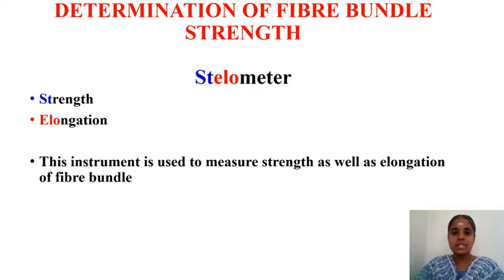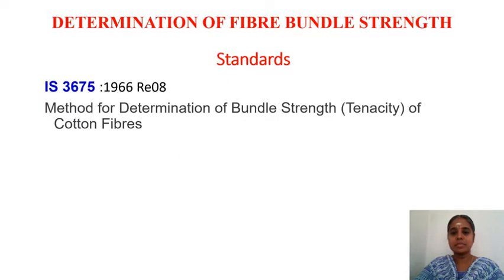So the instrument is named Stelometer, strength elongation meter. We need not forget it, it is simple. Strength and elongation testing of bundle fiber is done using Stelometer, so you can measure strength as well as elongation using this instrument.